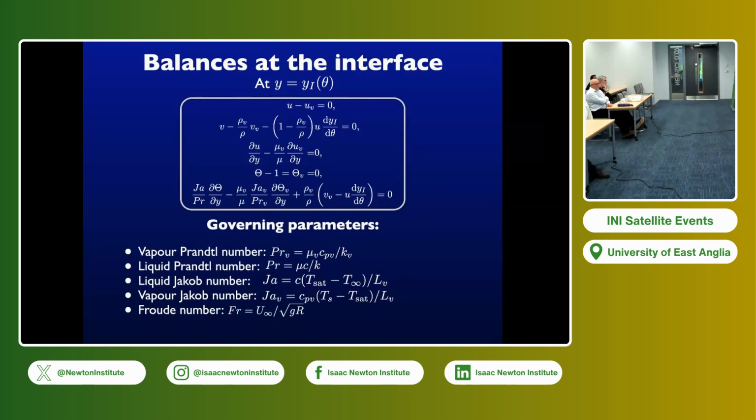The Jacob number will depend on the temperature of the surface and the liquid that we employ, and also the Froude number, which appears in the gas phase conservation equations when we include the effect of buoyancy in the vapor stream.